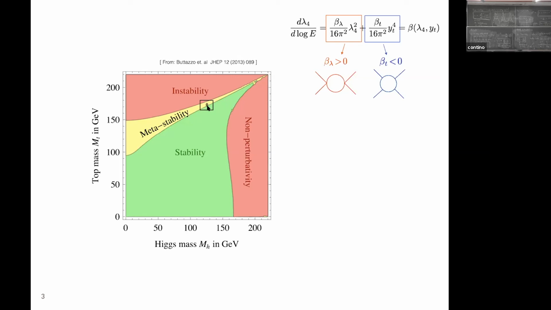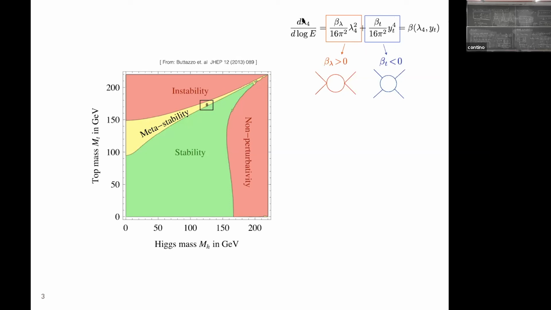There is, however, another question. By the way, the reason why M top is important is written here. This is the RG equation for the quartic coupling, and there is a contribution coming from the quartic coupling itself, which gives a positive beta function, and the correction to the beta function coming from a loop of tops is negative.